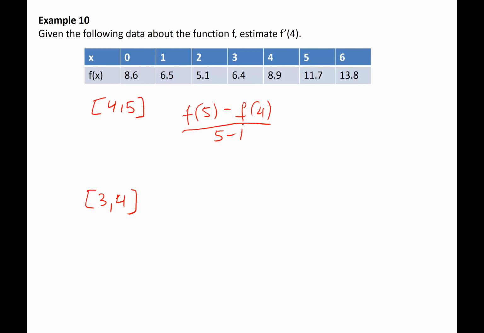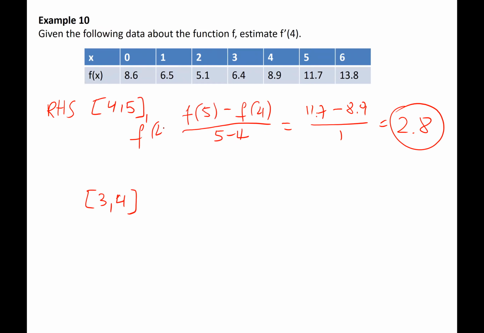The difference is 1. The corresponding value of the function f at 5 is 11.7 minus 8.9, dividing by 1. 11.7 minus 8.9 is 2.8. That's the right-hand side, and this is f prime at 4.